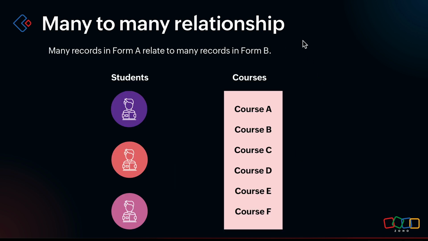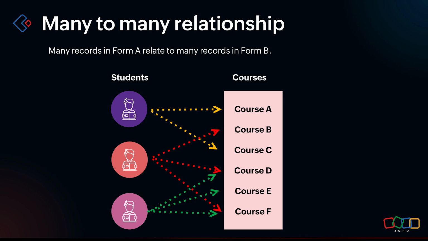Next we have many-to-many relationship, where multiple records in form A can be associated with multiple records in form B. For instance, one single student can register for multiple courses. So it is not mandatory that they have to register for only one single course. One single student can register for multiple courses based on their requirement, right? Also, if you just look at course D, for example, course D has two students registered in it, right?